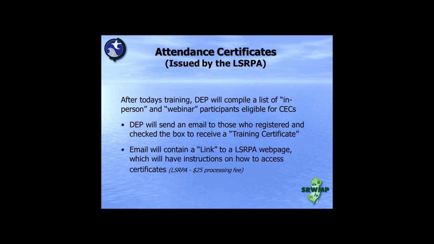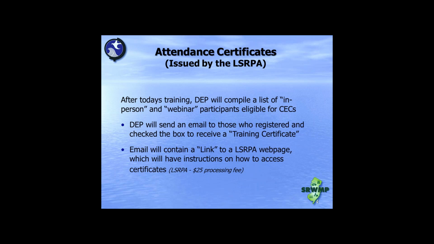After today's training, the DEP will make sure that we have a list of eligible participants for CECs. What we do is that we take that list and we issue an email to everyone who wanted to receive a certificate for today's training and receive CECs. And the email that we send out will provide a link to the LSRP webpage.